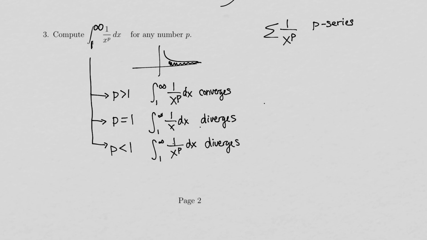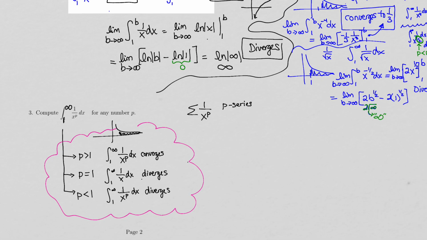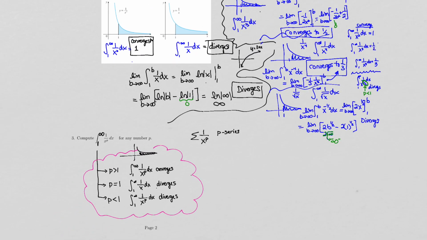So really, if your power is bigger than 1, then that improper integral will converge. But if that power is less than 1, then that infinite integral is going to diverge. That has a lot of ramifications later on, and that's why I make a note of it now. But that's it, we just note it. We say, well, that's kind of interesting. And the pattern for those convergent integrals is really cool too.